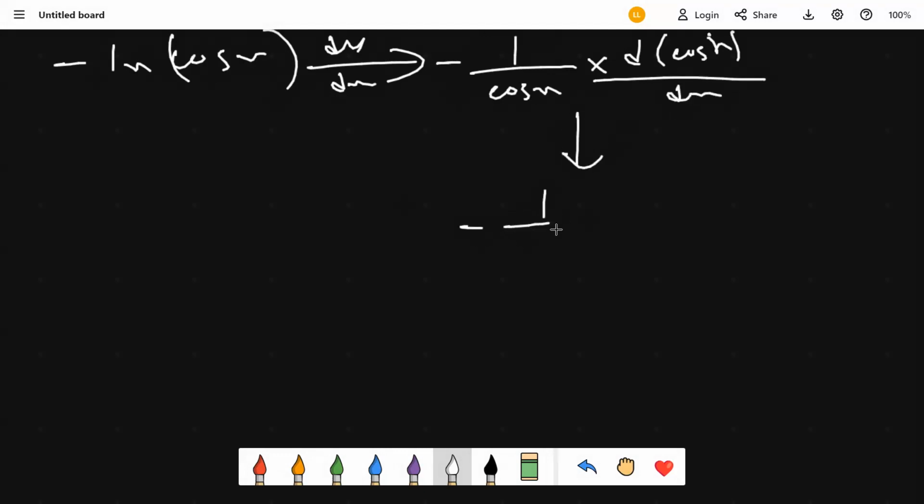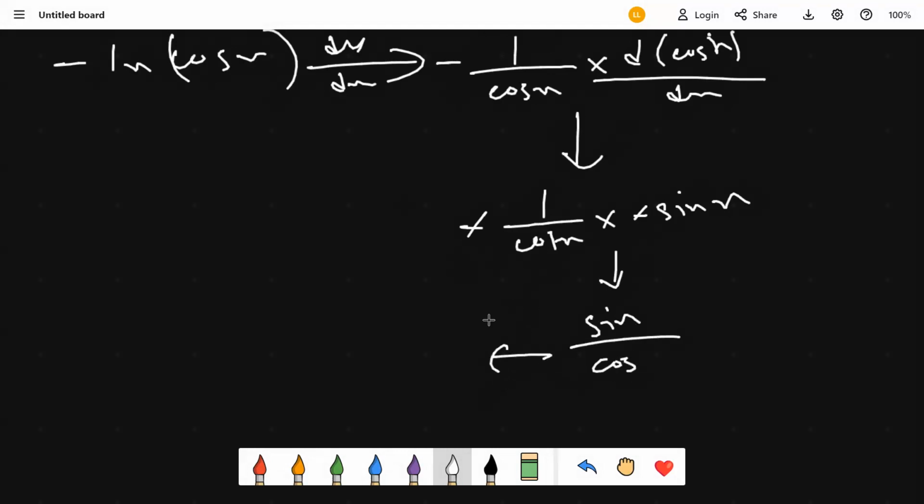This should give us negative 1 by cos x into negative sin x. This negative gets cancelled out, and this becomes sin x by cos x. And we know from trigonometric equality that sin x by cos x equals tan x.